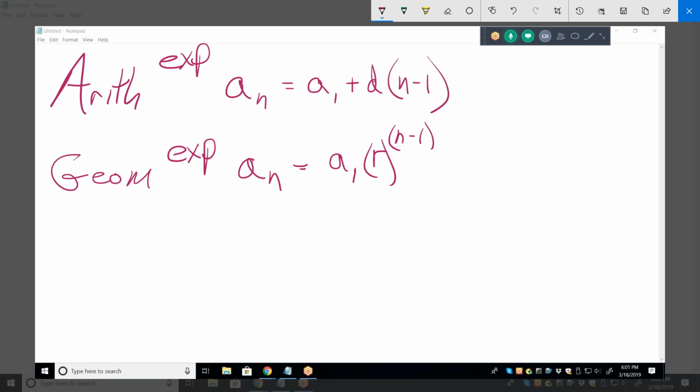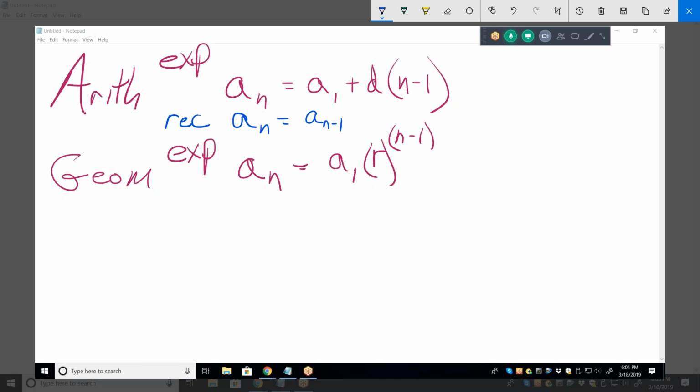Recursive, by definition, means that the nth term is in terms of the nth minus 1 term. So if I want the recursive definition of an arithmetic series, then it's going to be what? It's going to be the previous term. Think about an arithmetic sequence.